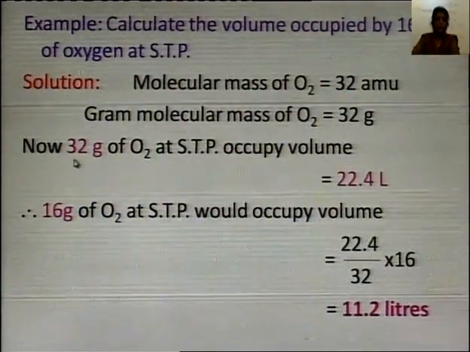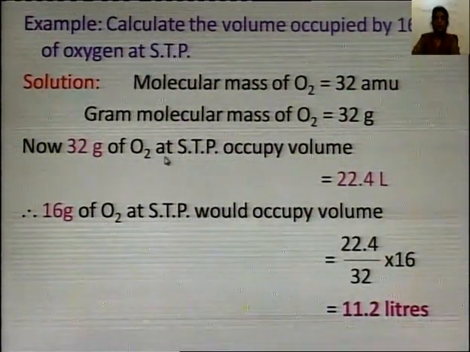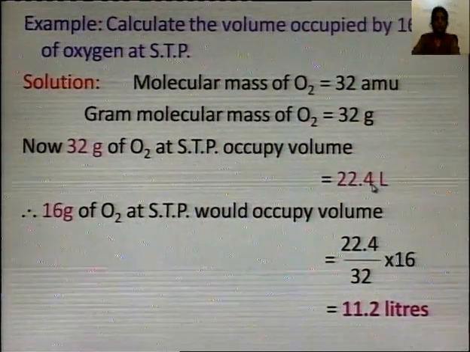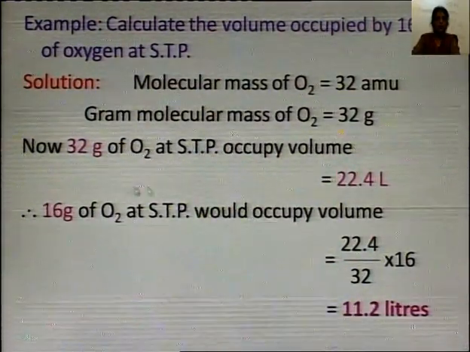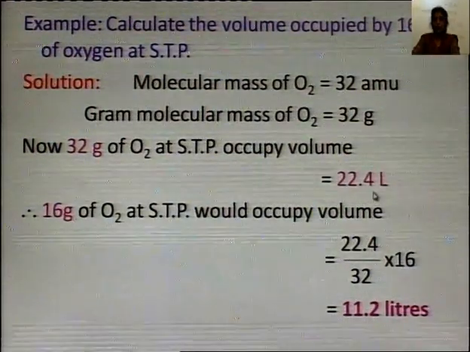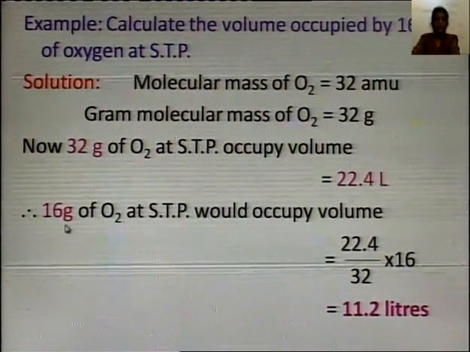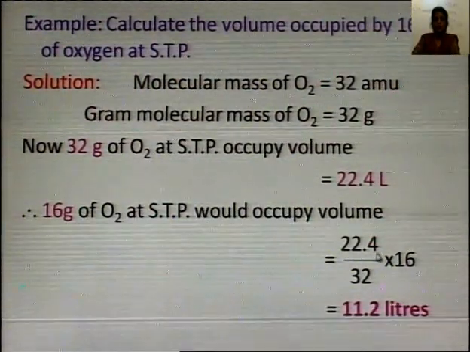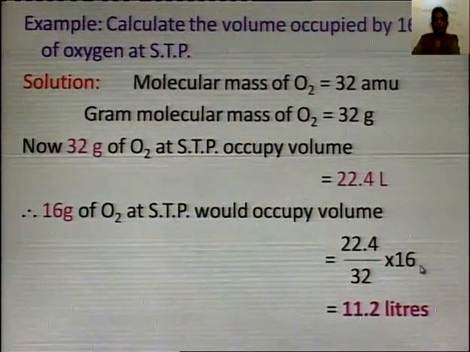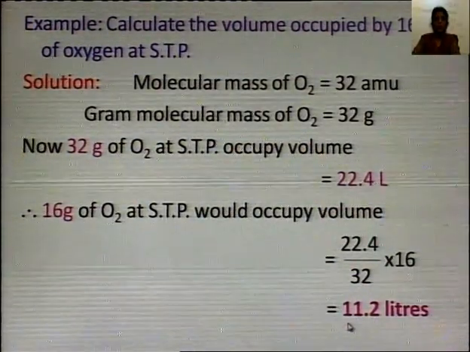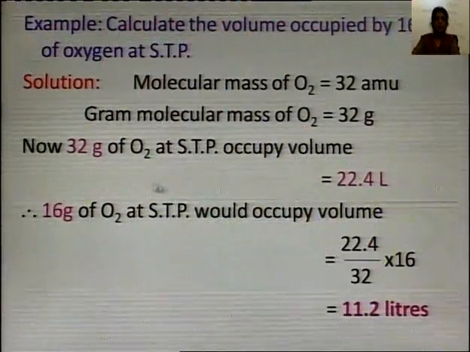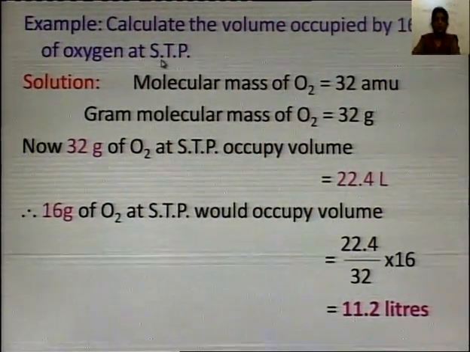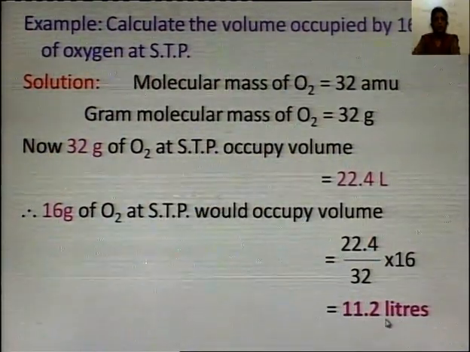So, you equate: 32 gram of oxygen at STP occupies volume equal to 22.4 liters. 1 gram will occupy 22.4 upon 32, and 16 gram of oxygen at STP would occupy volume 22.4 upon 32 into 16, this comes out to be 11.2 liters. So, we can say that volume occupied by 16 grams of oxygen at STP is 11.2 liters.